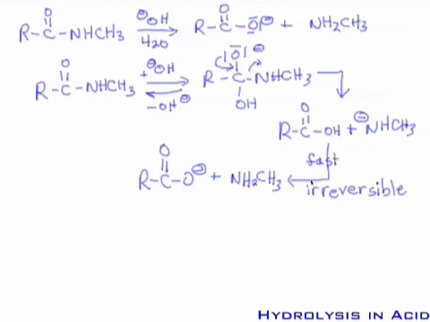What happens in acid? What happens if we take these conditions and we play the exact same amide, but we hit it with acid in H2O? R, C, double bond O, NH, CH3.